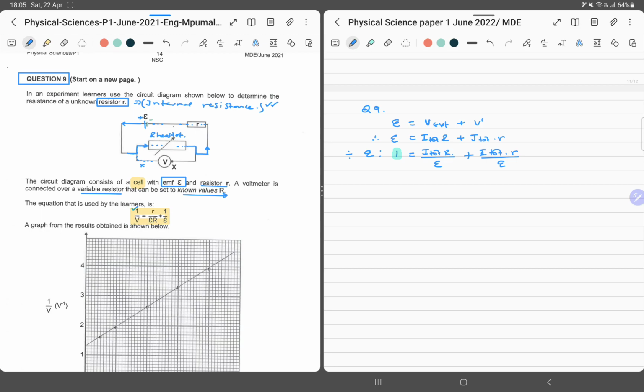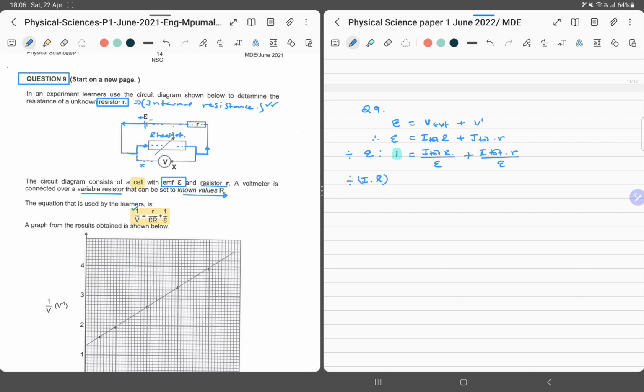So what is the next step? Whatever you do in maths, you can repeat it as many times as you want. Let's say, for example, we divide by the current, because we can see there's no current in there. Let's divide by the current multiplied by this R, because that R is on the denominator.